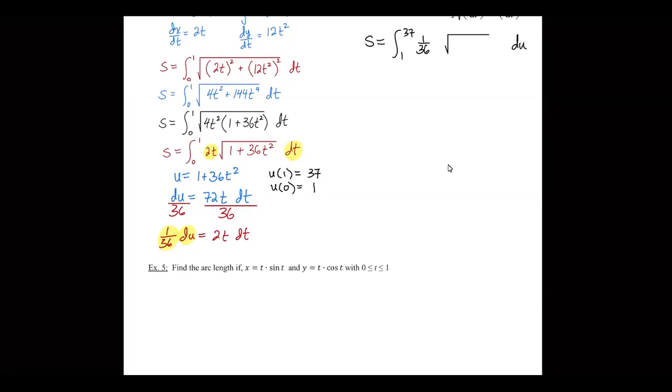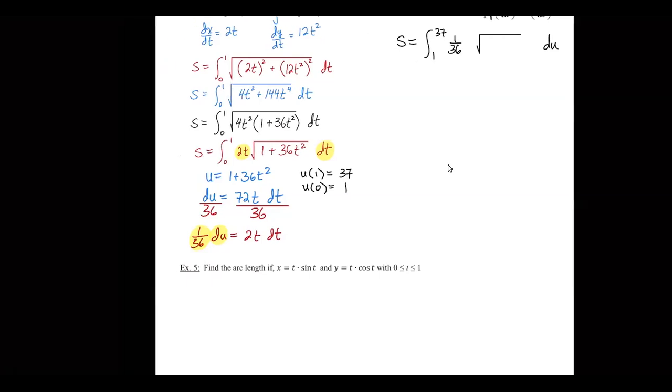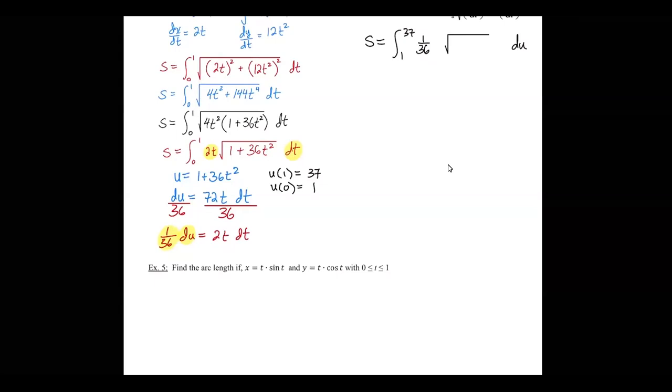And that radical, instead of containing the 1 plus 36t squared, we know 1 plus 36t squared is equivalent, and I'll just do a little highlighting here for clarification purposes, to simply just a u. All right. So I am going to move some things a little bit closer just for the sake of convenience.